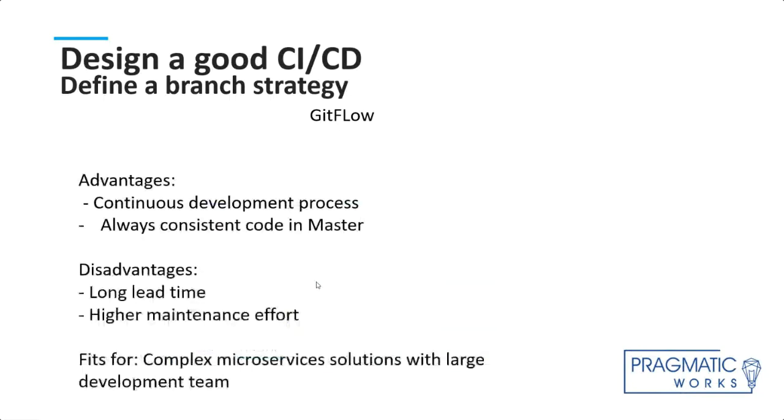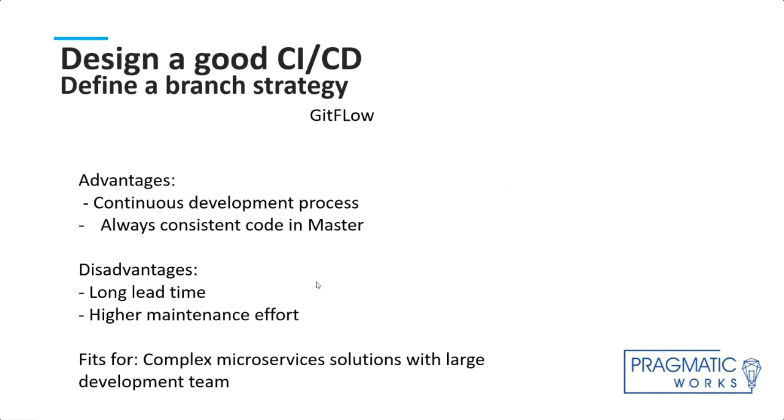Let's have a look at the advantages of the Git flow. Using the Git flow for our cloud application, we mostly have a continuous development process. We don't need to make a code freeze because we have two intermediate branches, and that allows us to test new features on the lower branches and test the functionality while developing new features in other branches.